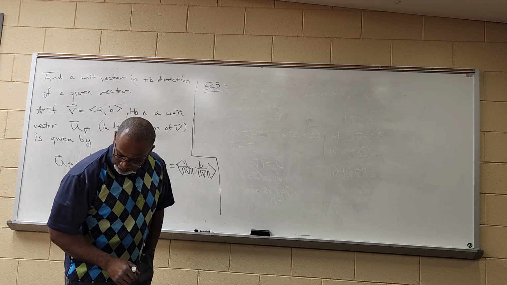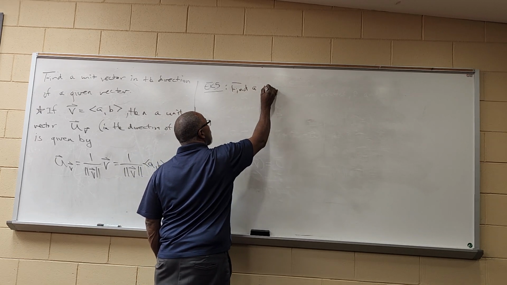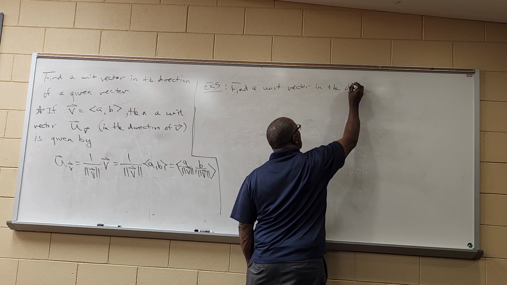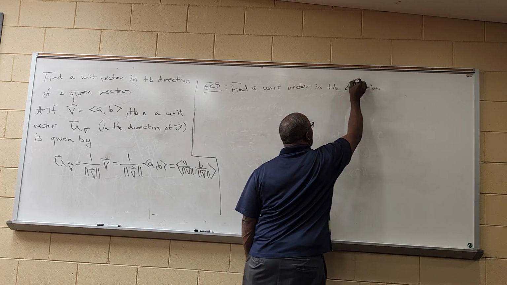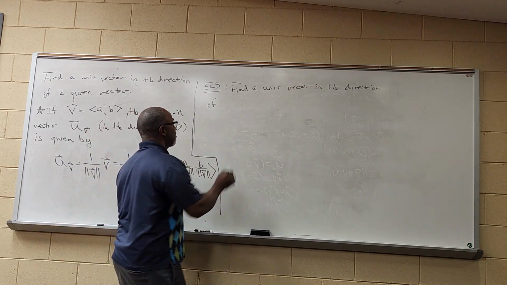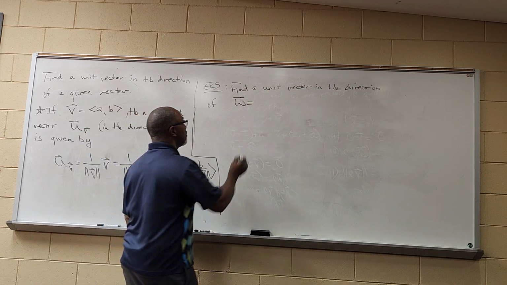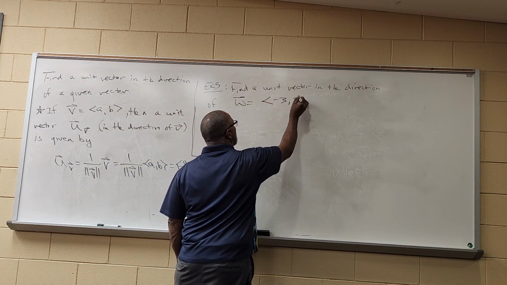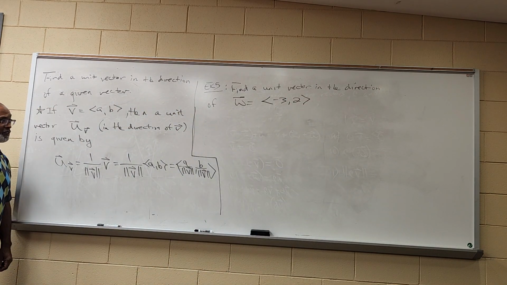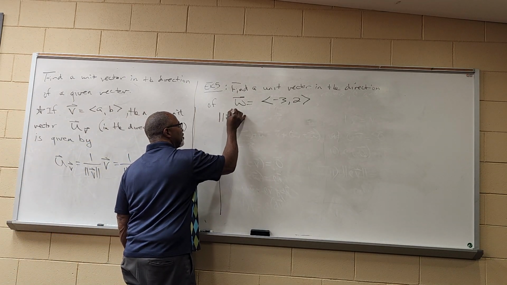Example 5 says, find the unit vector in the direction of vector w, which equals negative 3, 2. Vector w is equal to negative 3, 2. Well, I need to know the length of vector w.